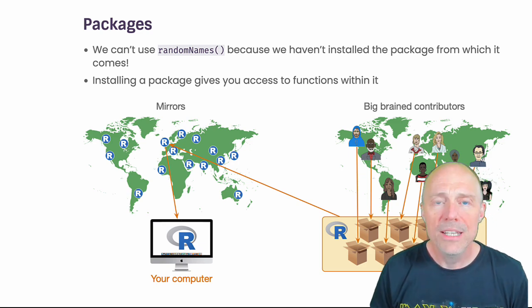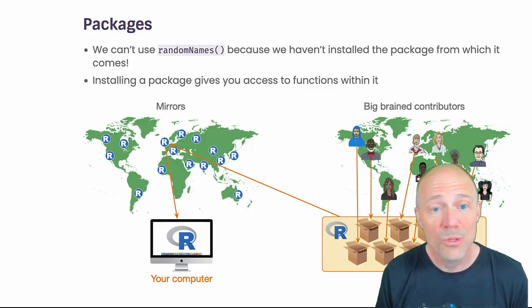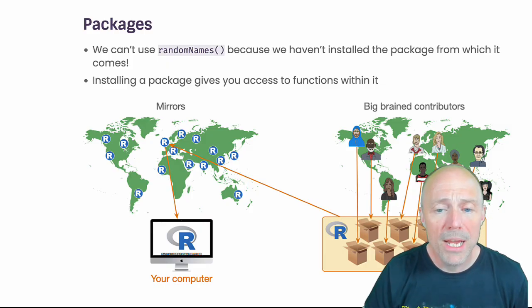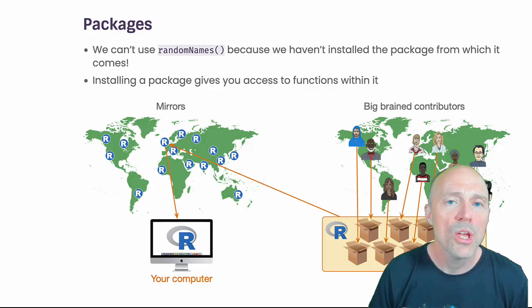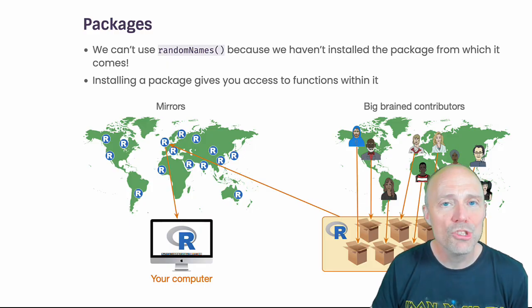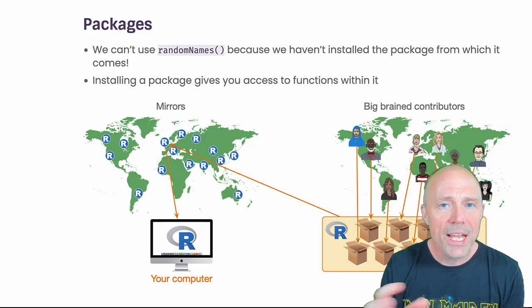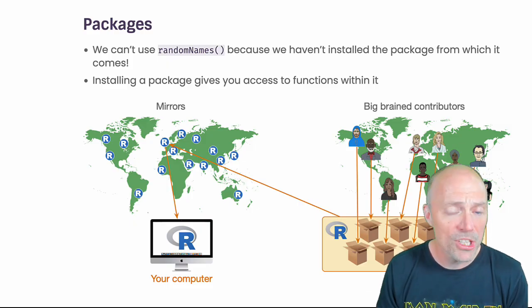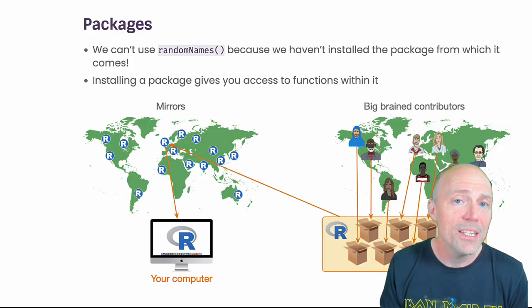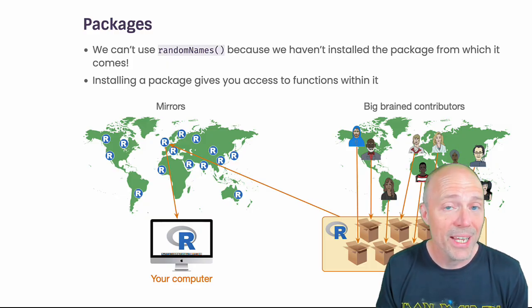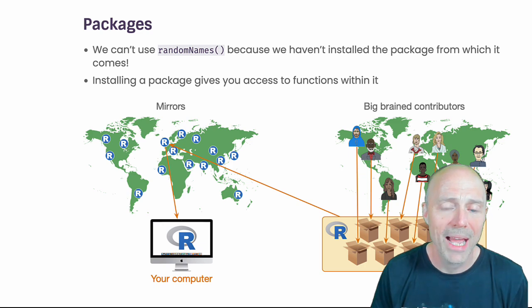So you've got R, it's got some functions, it's got some stuff it can do out of the box, but around the world there will be R users, statisticians, computer scientists who will write functions for R and then distribute them so that other people can use them. So a collection of functions is known as a package, and anyone can install a package into R, and then that enables them to use the functions within that package.